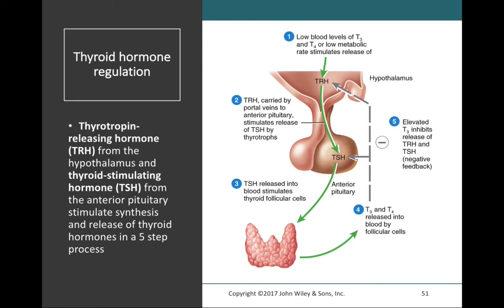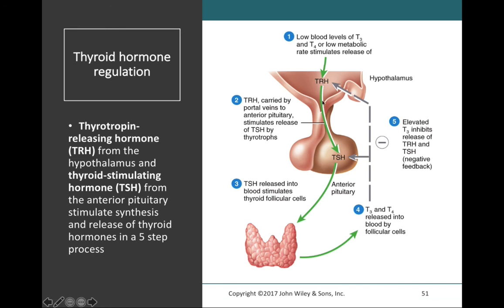So on this slide, we'll see the negative feedback regulation of thyroid hormone release. Now, we're going to go over this, but I want you to be aware that this negative feedback loop is very, very similar to the other negative feedback loops that we have seen. So we'll start with the hypothalamus, where we will release thyrotropin-releasing hormone.